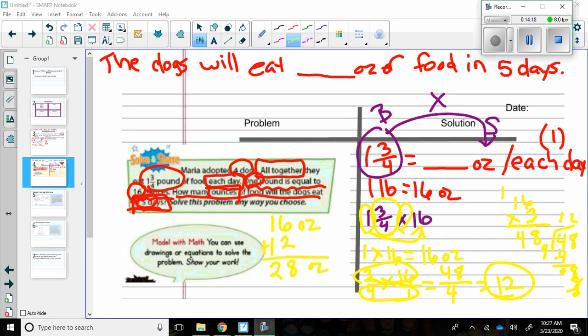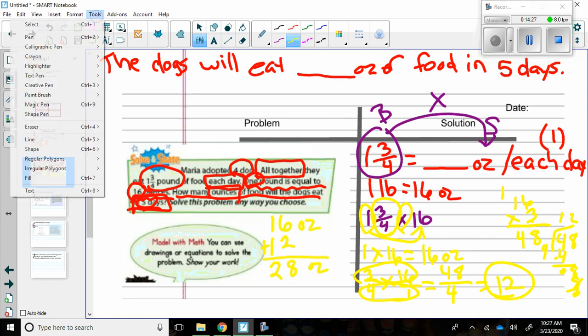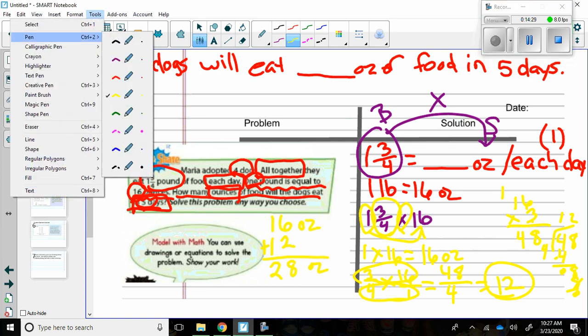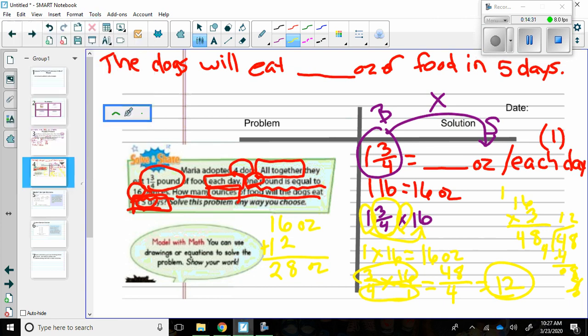I now know that 1 day's worth of dog food is 28 ounces for the day. But the second part of the problem is asking how much they will need, or how many ounces of food they eat in 5 days.